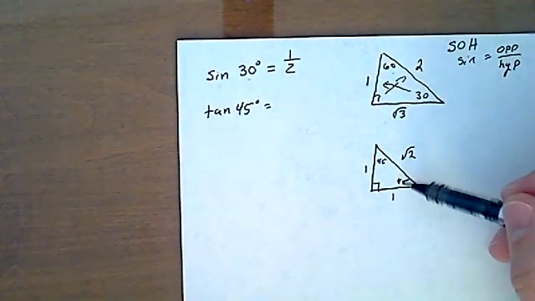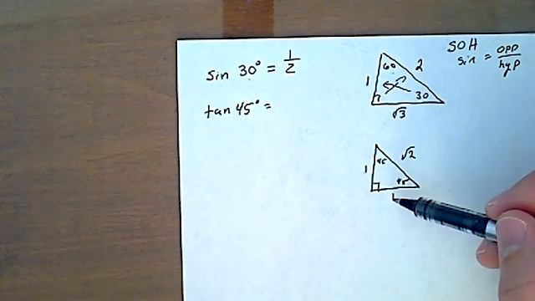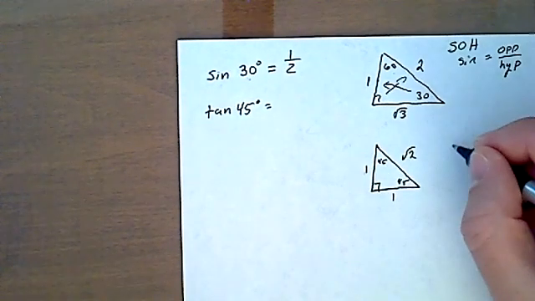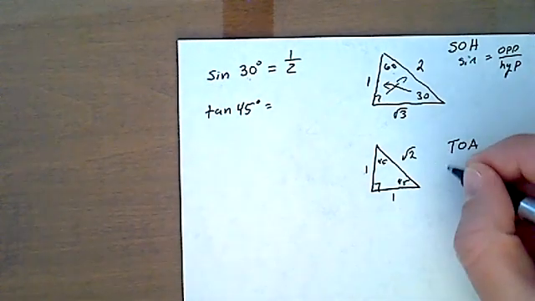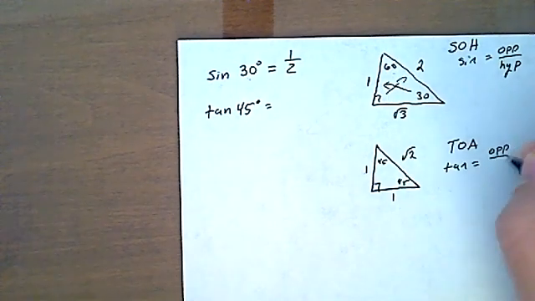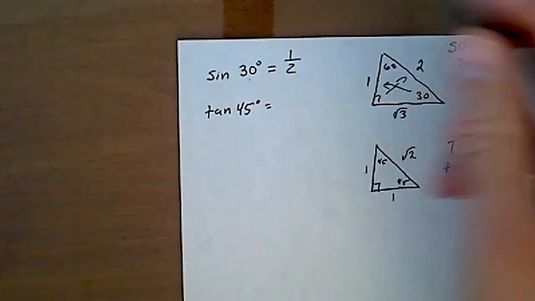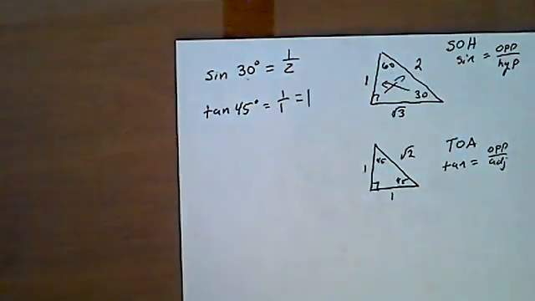The tangent of either of these two angles is going to be the same. The opposite over the adjacent, right? Again, SOHCAHTOA, TOA is tangent equals the opposite over adjacent. The opposite and the adjacent are both 1. So the tangent of 45 is 1.